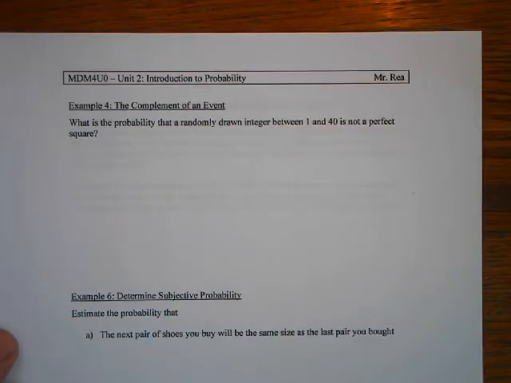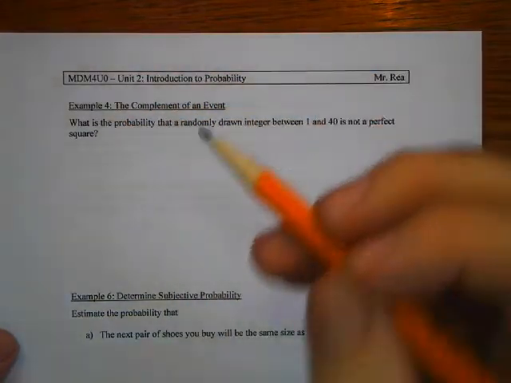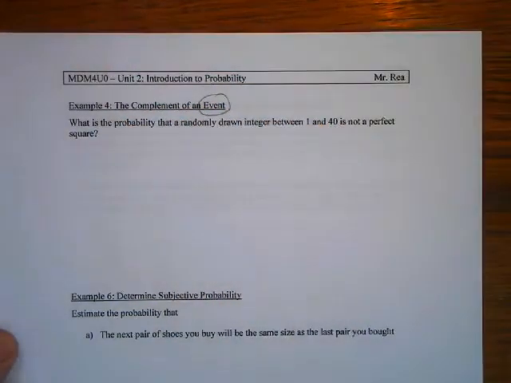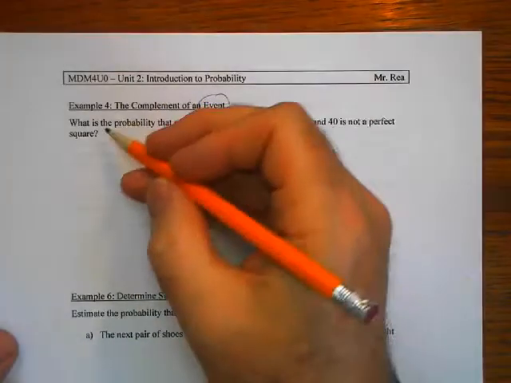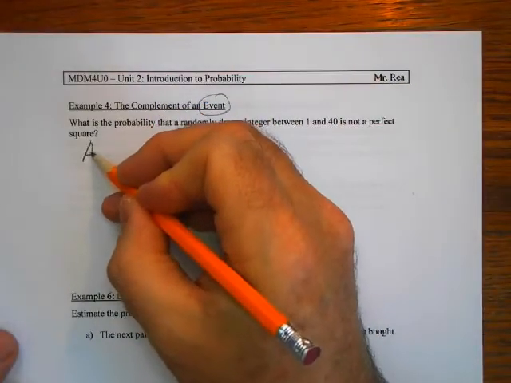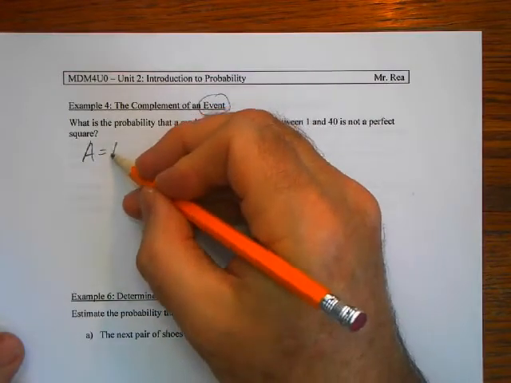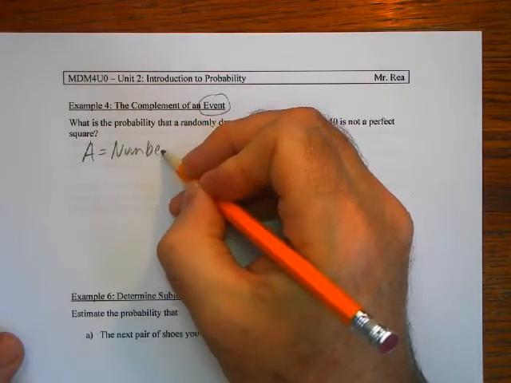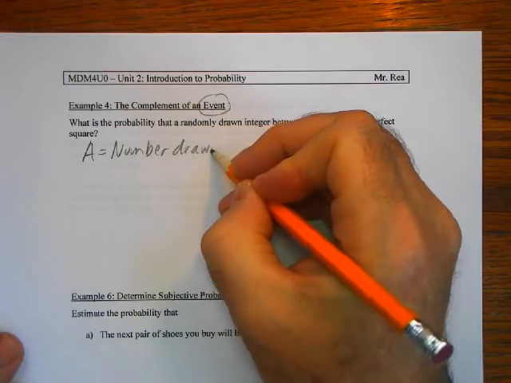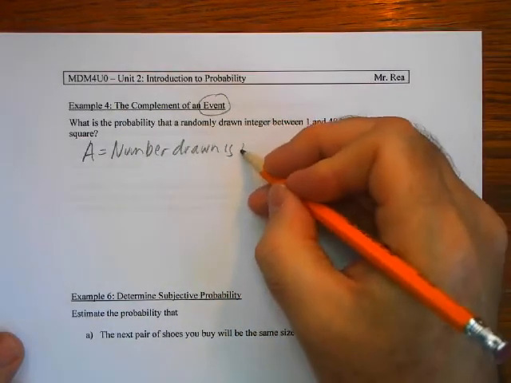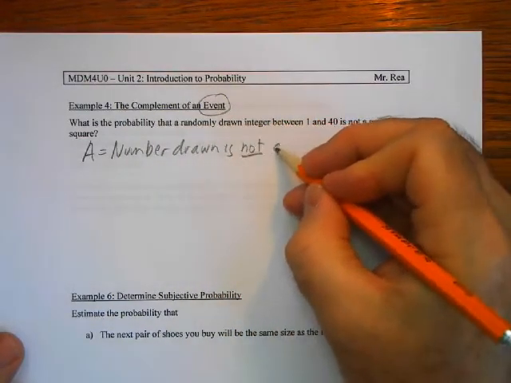Okay, so I'm going to actually use events this time. I'm going to define, for the first time, an event. I'm going to say the event A is when the number drawn is not a perfect square. That's what we want.